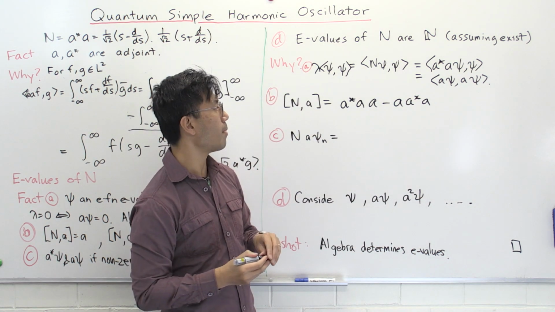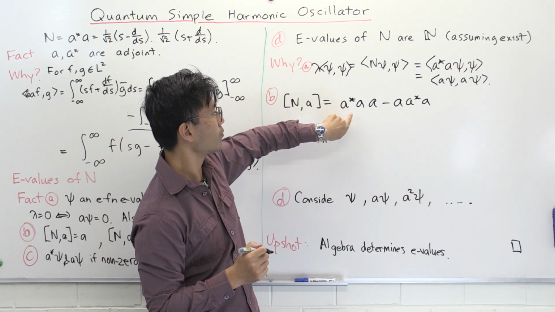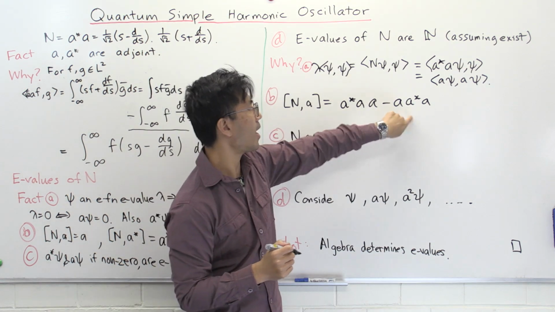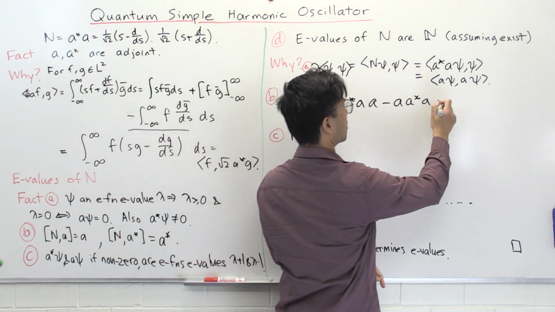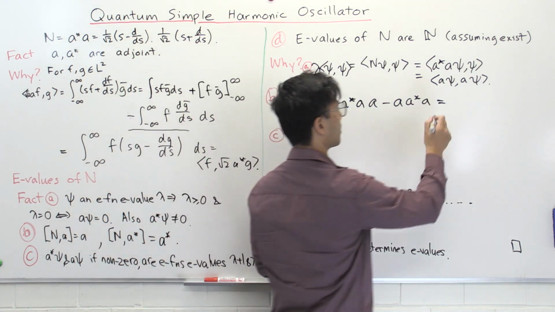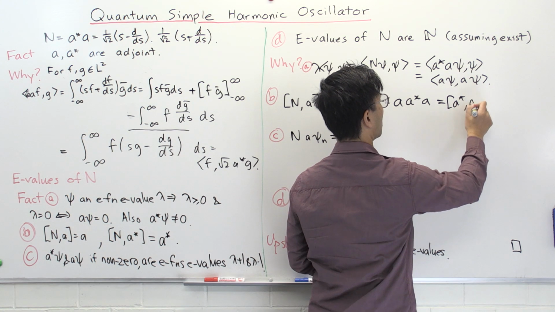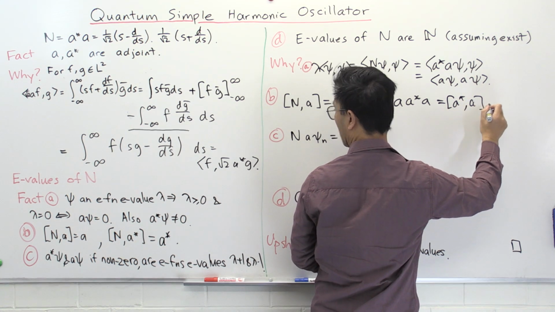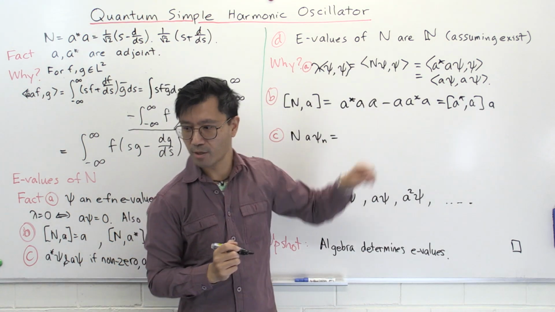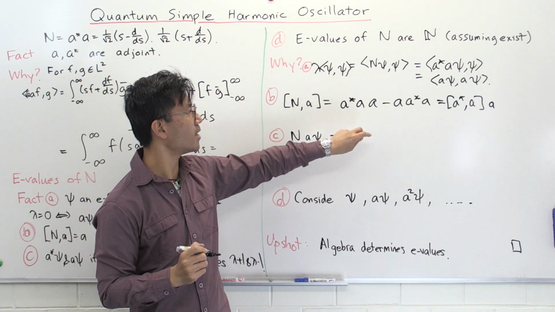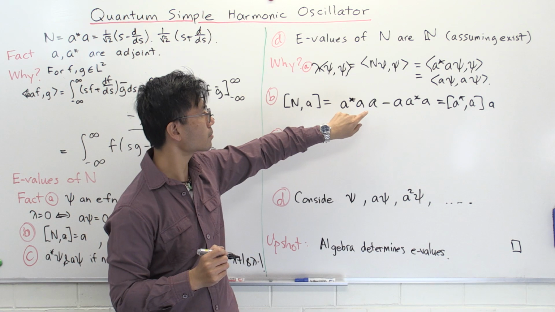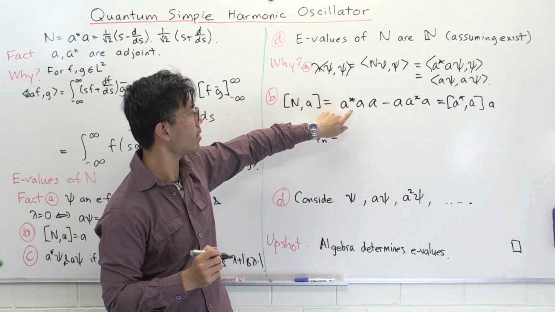Okay. So what happens here is that, well, A is on the right. You can factor out A on the right. And then you have A star A minus A A star, which is the commutator of A star and A. So what's the commutator of A star and A?